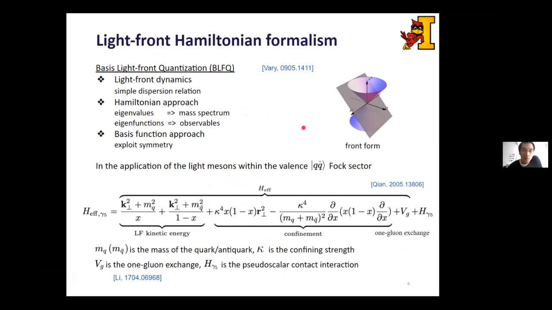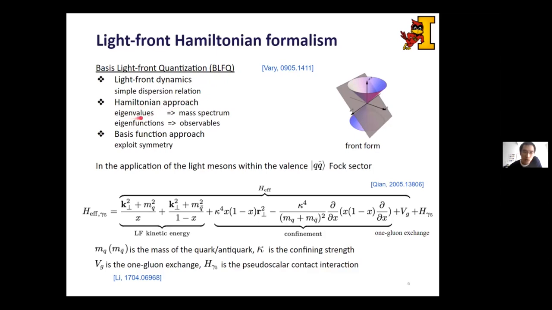And then I will talk about the formalism that we used. It's a lightfront Hamiltonian formalism, and specifically we used the basis lightfront quantization approach, or BLFQ. So it employs lightfront dynamics. So in the lightfront we have a simpler dispersion relation. And it's a Hamiltonian approach.